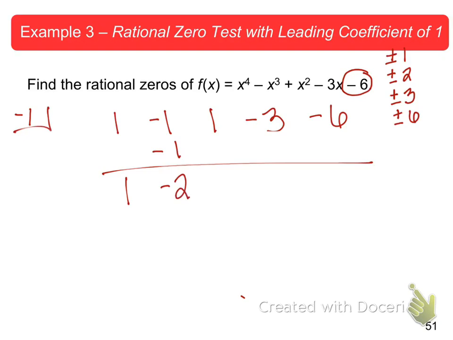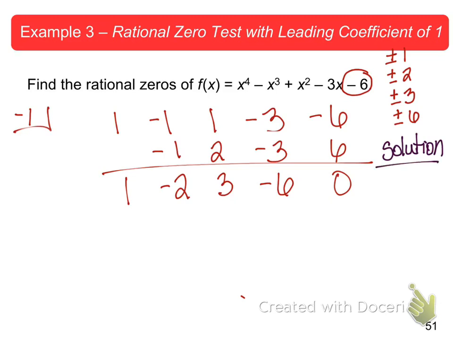Negative 1 times negative 2 is 2. 1 plus 2 is 3. Negative 1 times 3 is negative 3. Things are looking good. There we go. Good, that's what I want. What this tells me is negative 1 is a solution.